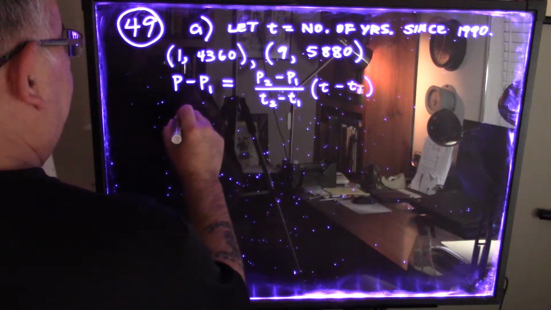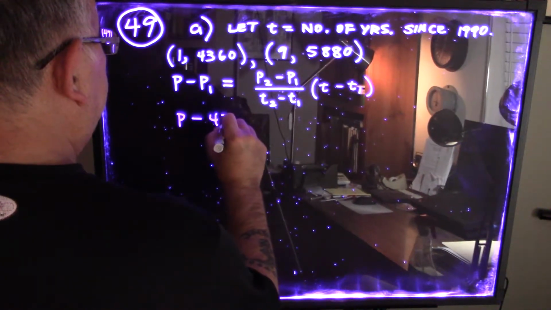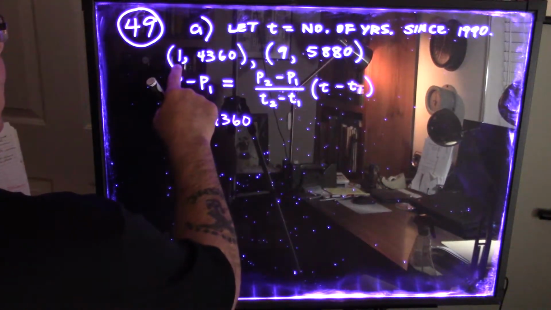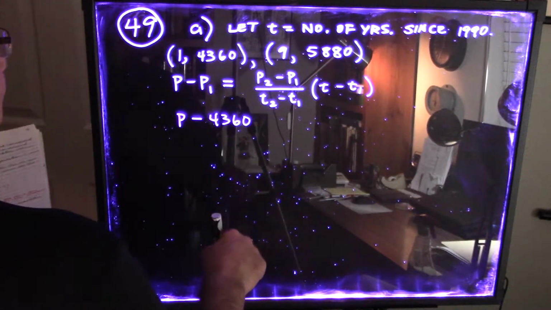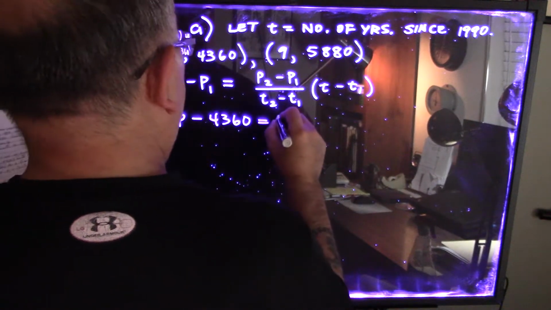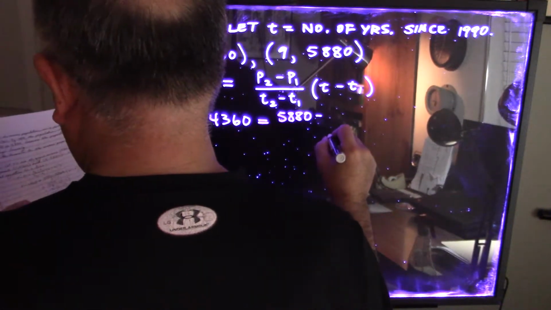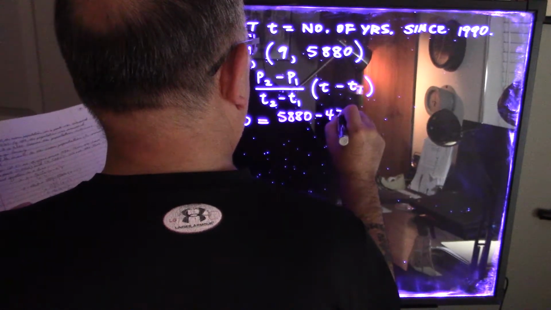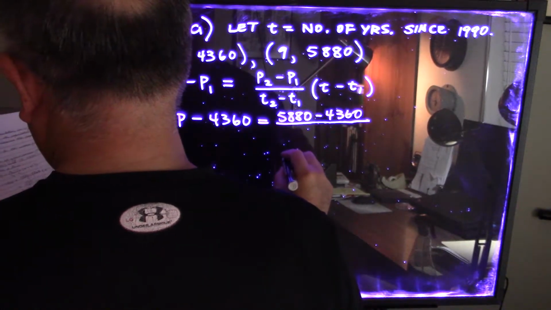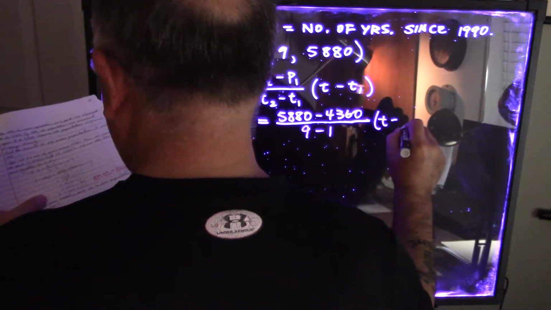And so we've got p minus 4360. That's P1 there, and that's P2, that's T1, and that's T2. So that equals 5880 minus 4360 over 9 minus 1 times the quantity T minus 1.